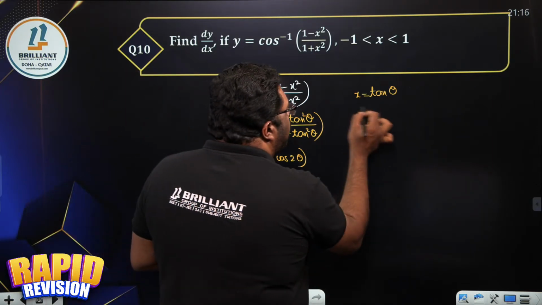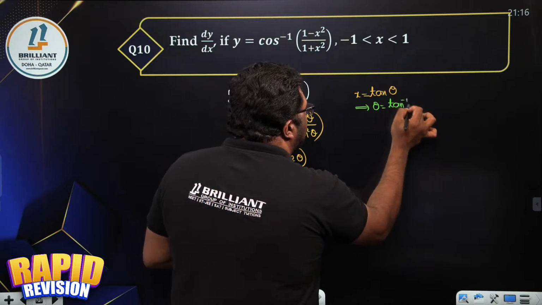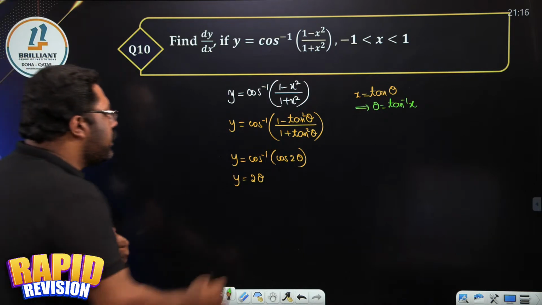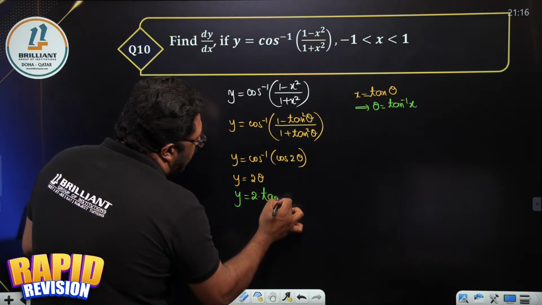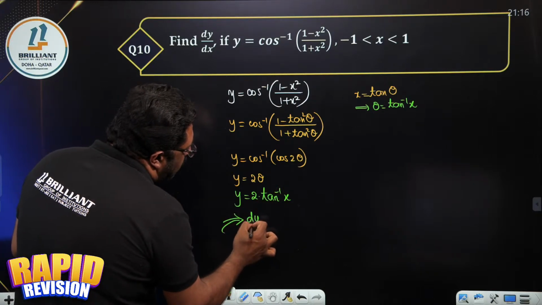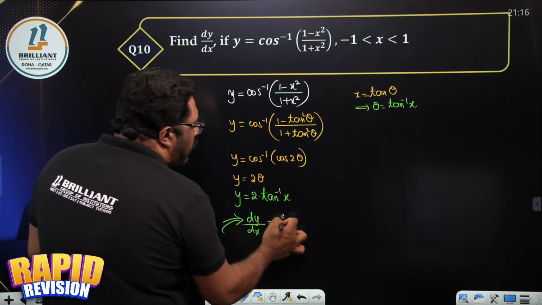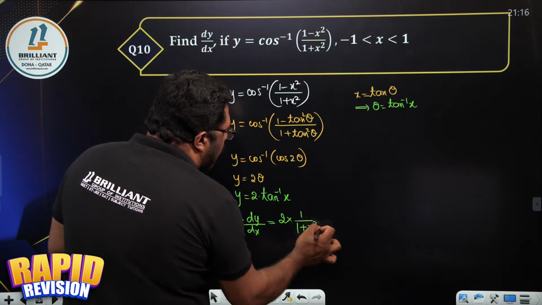But from the substitution, I know theta is tan inverse x. So y is equal to 2 times tan inverse x. So what is dy by dx? The derivative of 2 tan inverse x is 2 by 1 plus x squared.